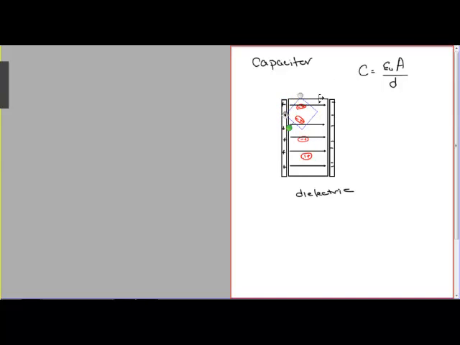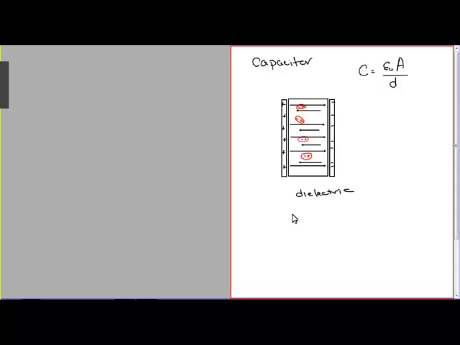Anyway, what happens is that these align, and as a consequence, they create an electric field because of these aligned charges that go opposite the direction of the originally applied electric field. So you got these superimposed. You have an electric field due to the charge difference on the plates, and then you have this electric field in opposition.